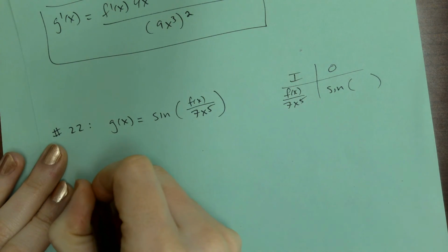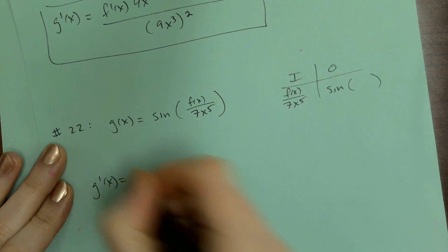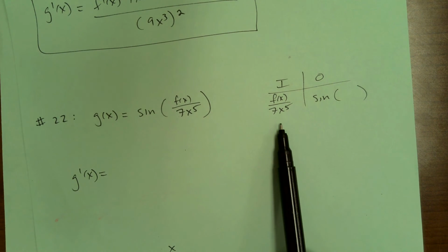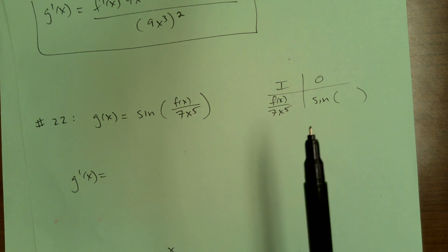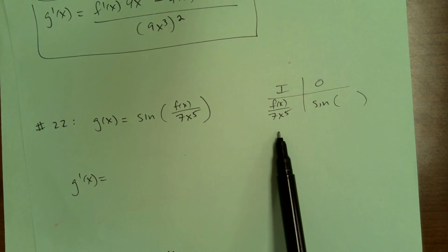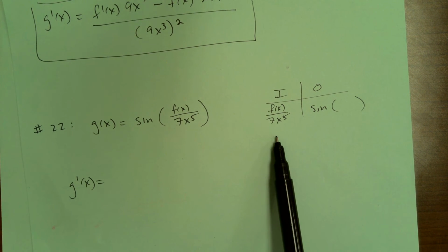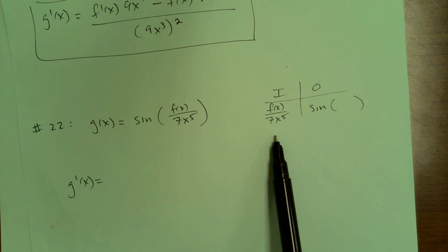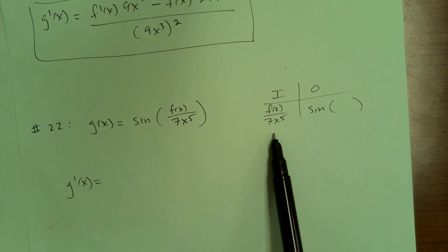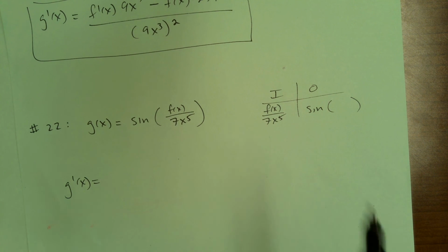Now, all right, so for the derivative of the inside, guys, this inside function is itself a quotient of 2 other functions. So we are going to need quotient rule on the inside.